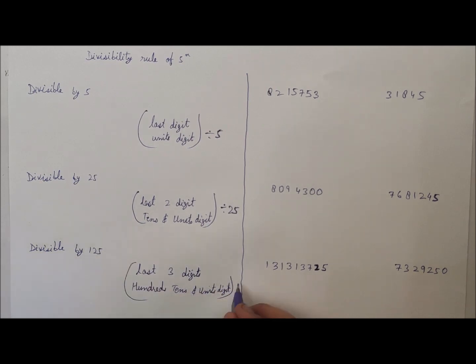If the number formed by these three digits is divisible by 125, we say that the whole number is divisible by 125. So it's very much similar to what we discussed for 2.